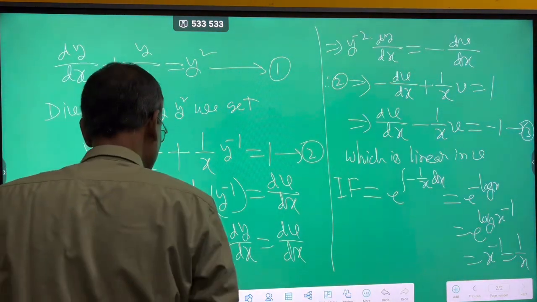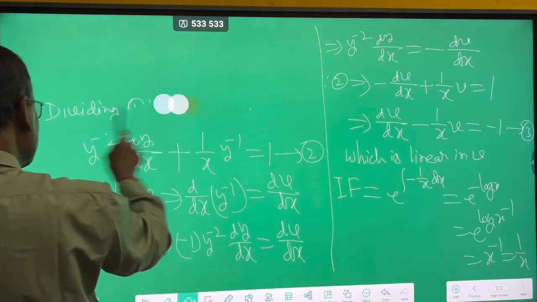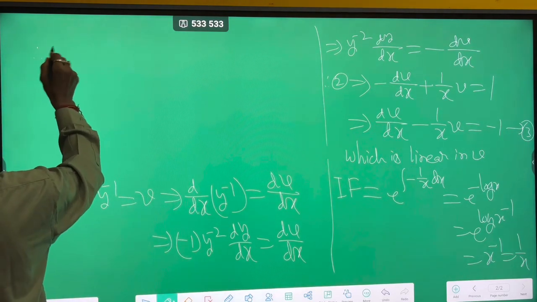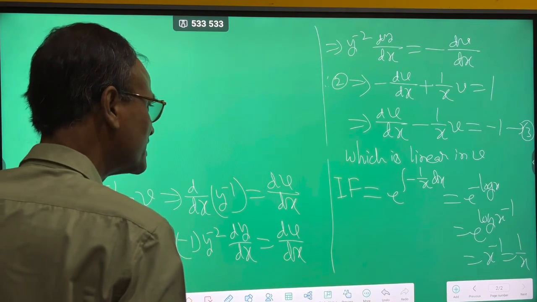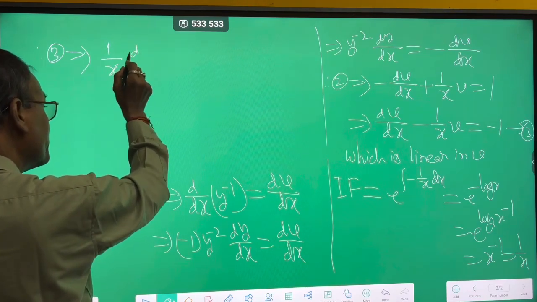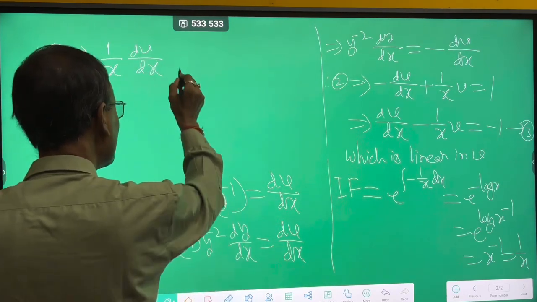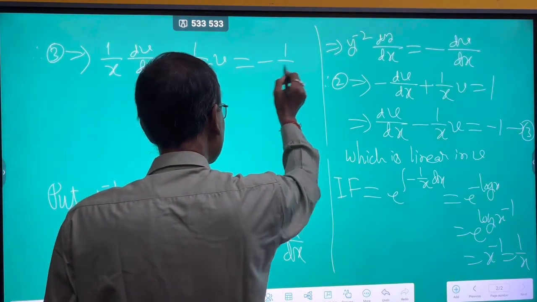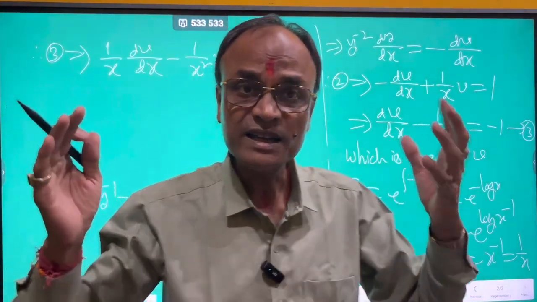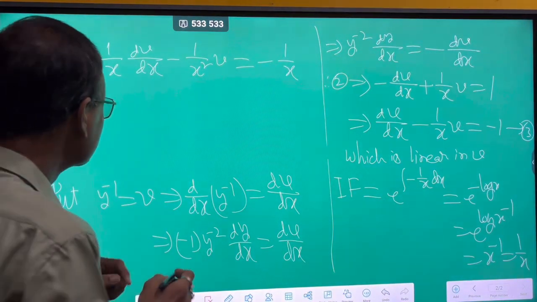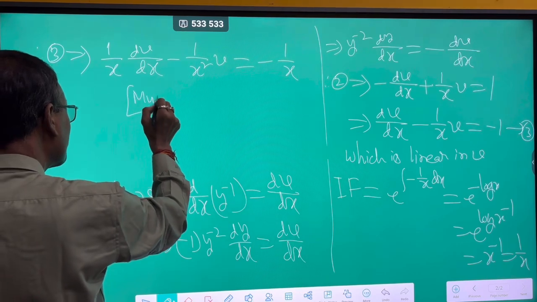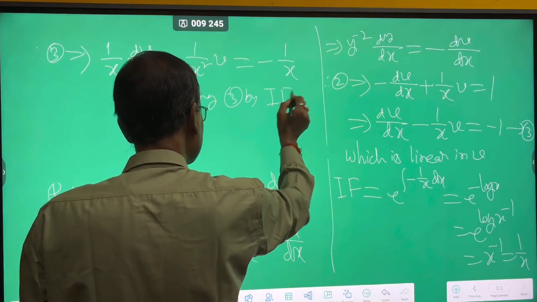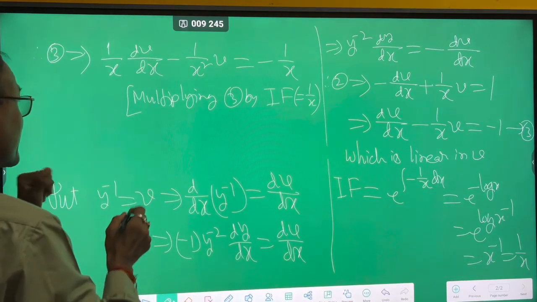Therefore, multiplying 3 by the integrating factor 1 by x, we get 1 by x dv by dx minus 1 by x square v equal to minus 1 by x.